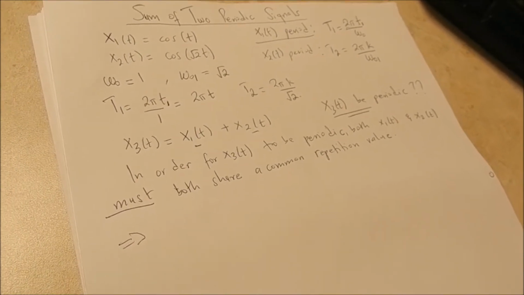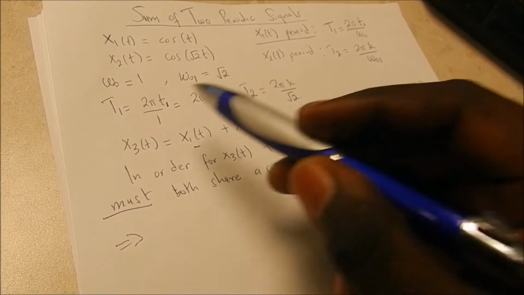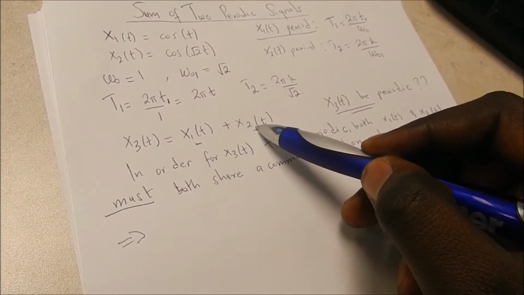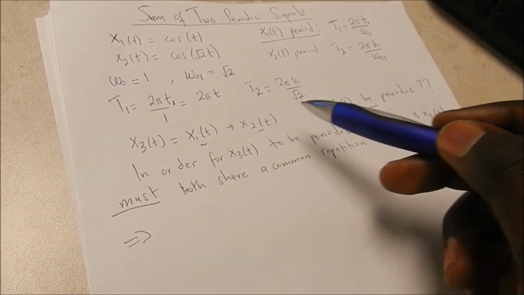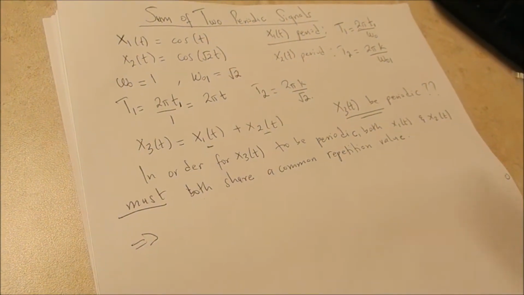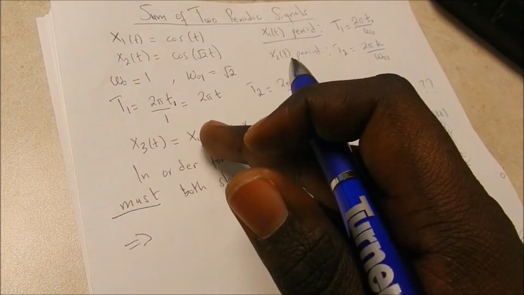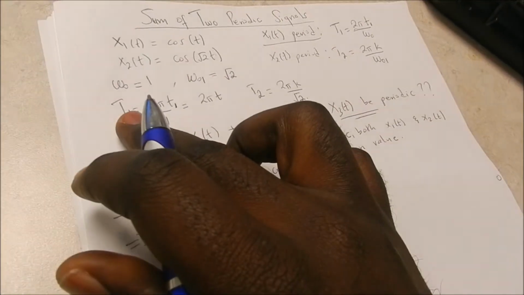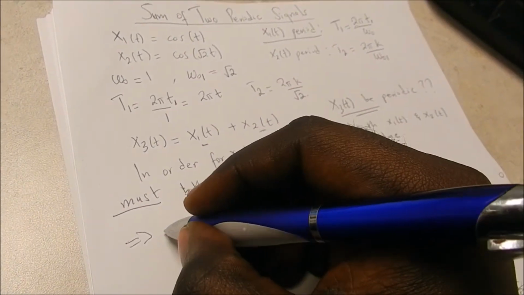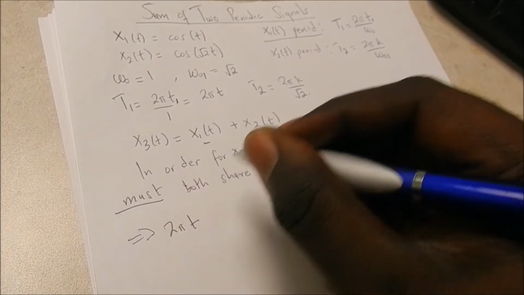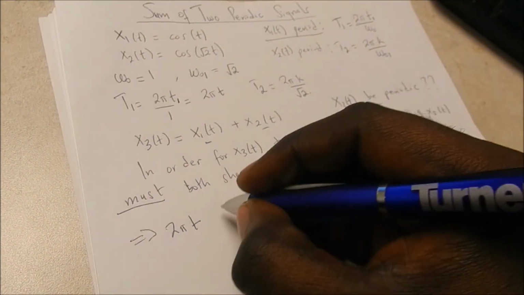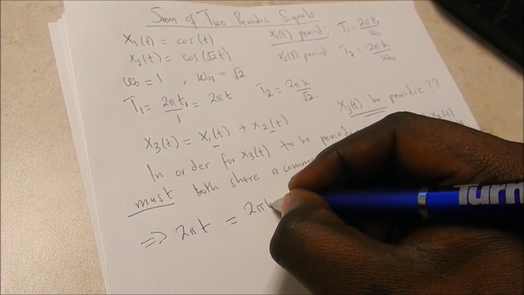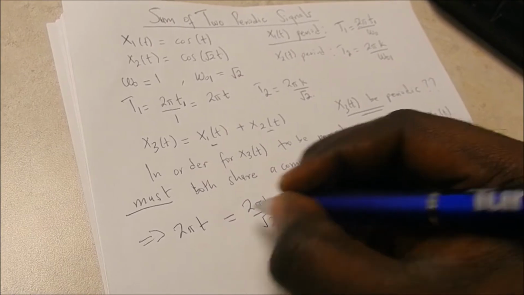In order for us to check whether these two signals, x1 of t and x2 of t, share a common repetition value, we will set the periods of x1 of t and x2 of t equal to each other. So the period of x1 of t is 2 pi t, and the period of x2 of t is equal to 2 pi k over the square root of 2.